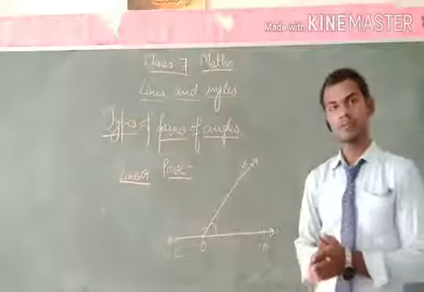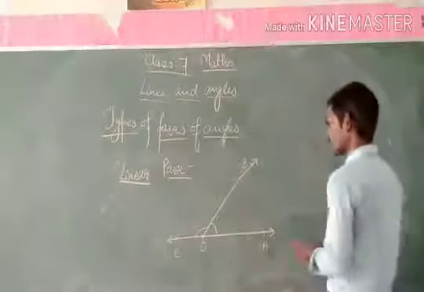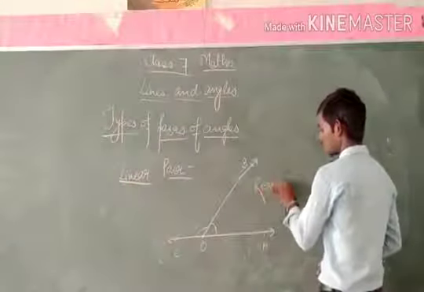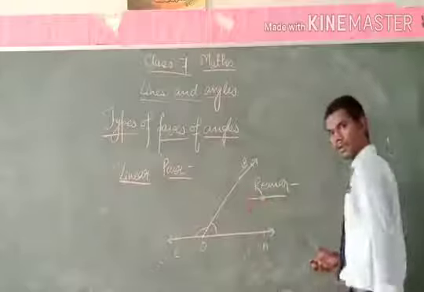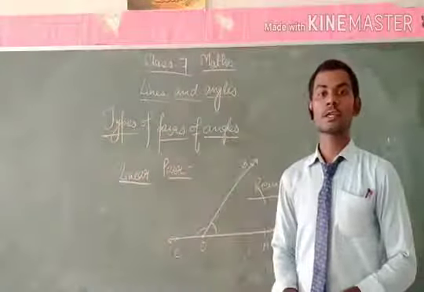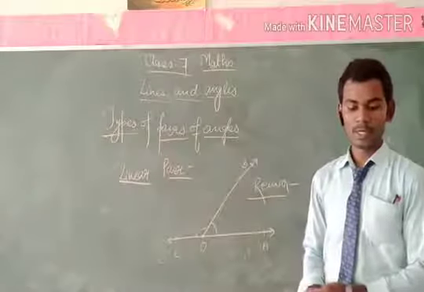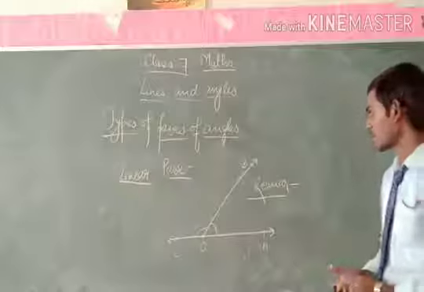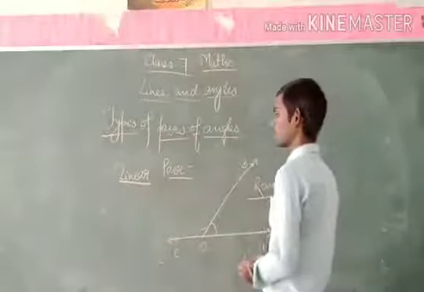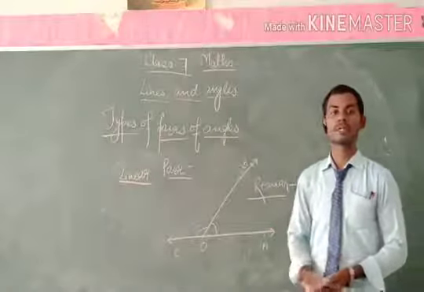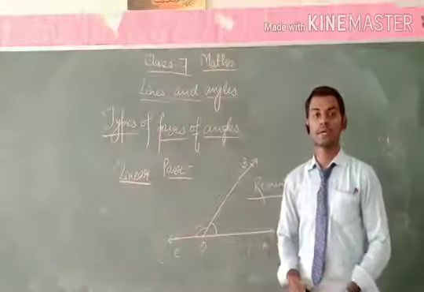The remark for this linear pair is that the angles formed by a linear pair are also supplementary angles, adjacent supplementary angles, because as we know, in supplementary angles the sum of the measures of the two angles is 180 degrees.